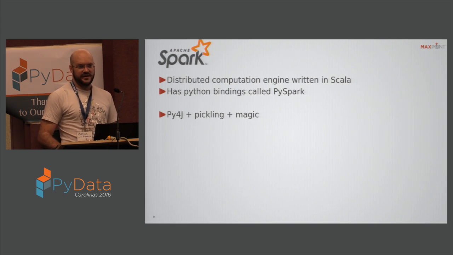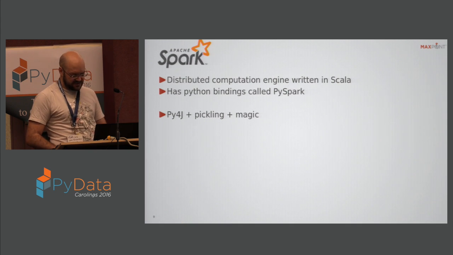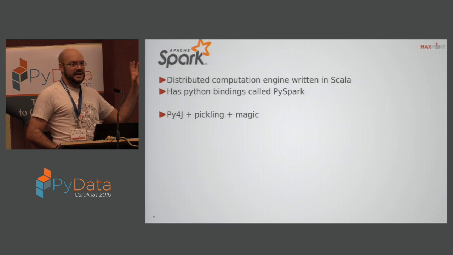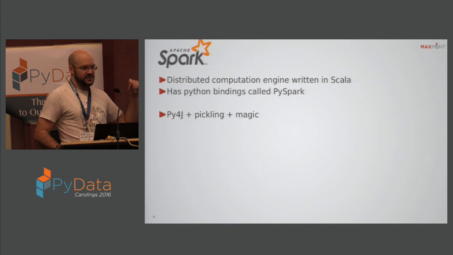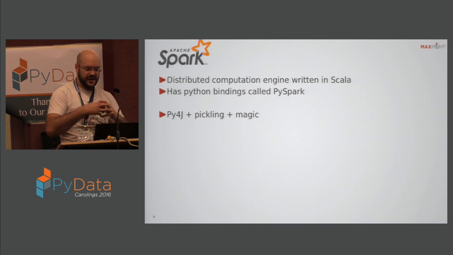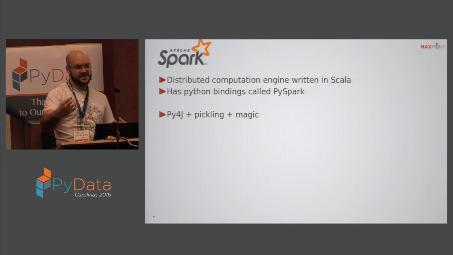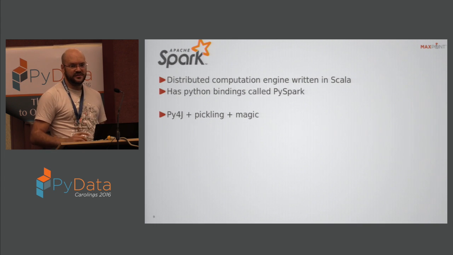They were kind enough to provide us with Python bindings, and all that the Python bindings really are is basically just making a Java subprocess and using Py4j to talk with it.